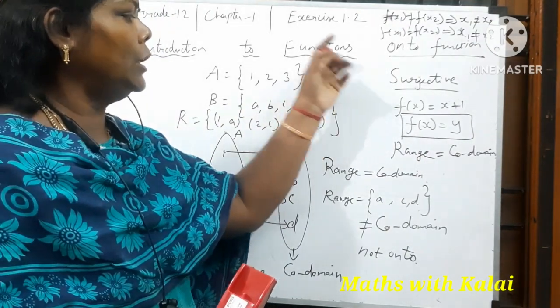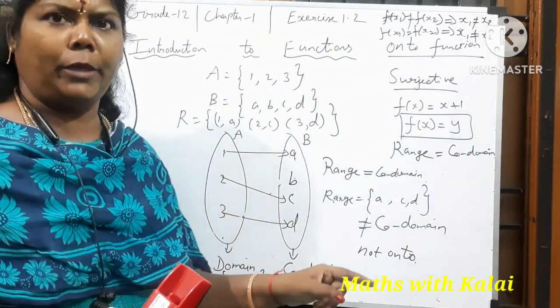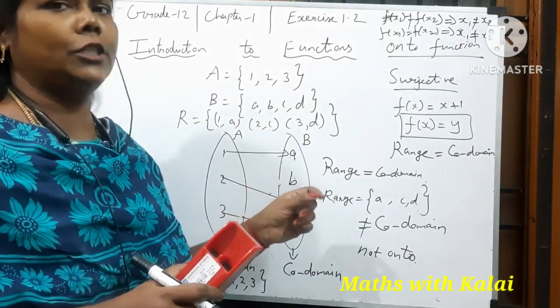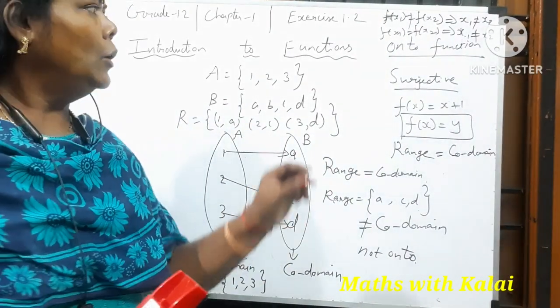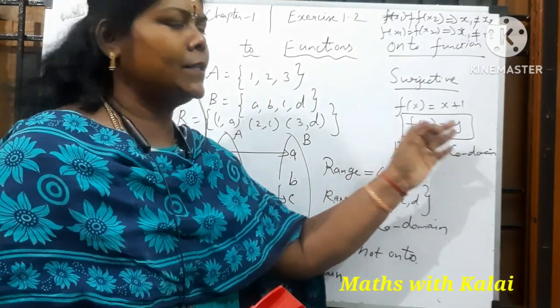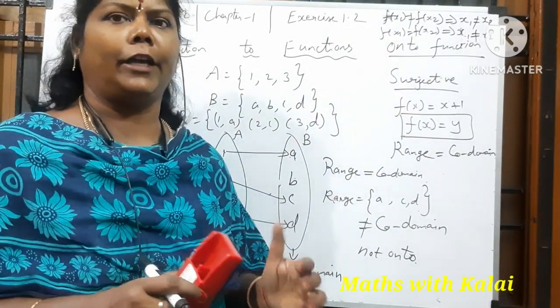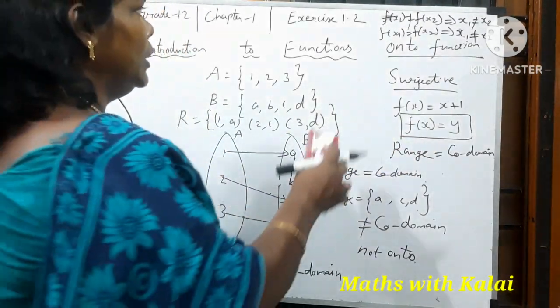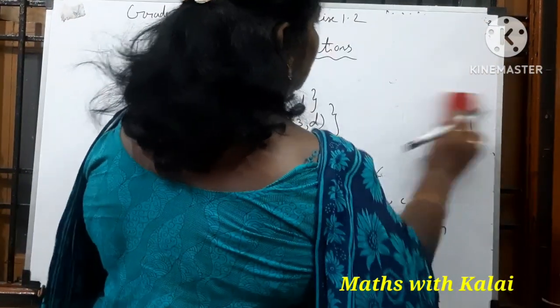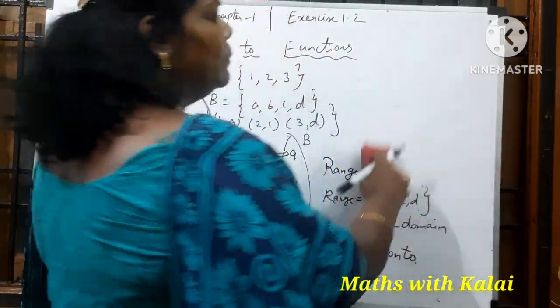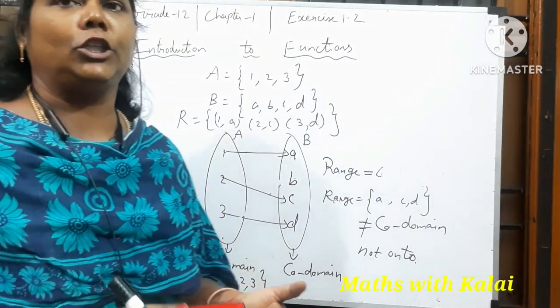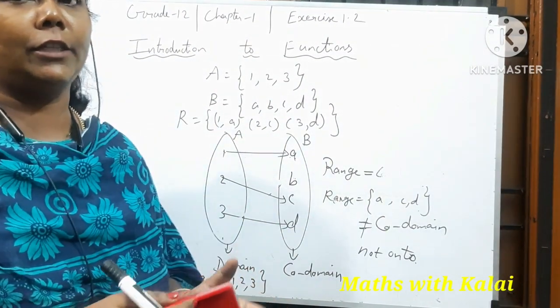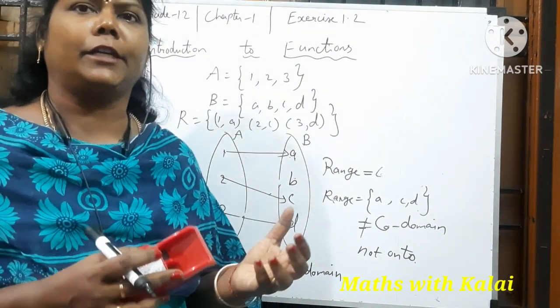Okay, onto function na your range should be equal to codomain இருக்கணும். The other name for onto function is surjective function. Okay, theoretical definition is f of x is equal to y அப்படின்னு you have to prove for any given function, that is called onto function. If any function is satisfying both one to one as well as onto, ரெண்டு கண்டிஷனுமே satisfy ஆயிருந்துச்சுன்னா அந்த ஃபங்க்ஷனுக்கு பேரு bijective function.